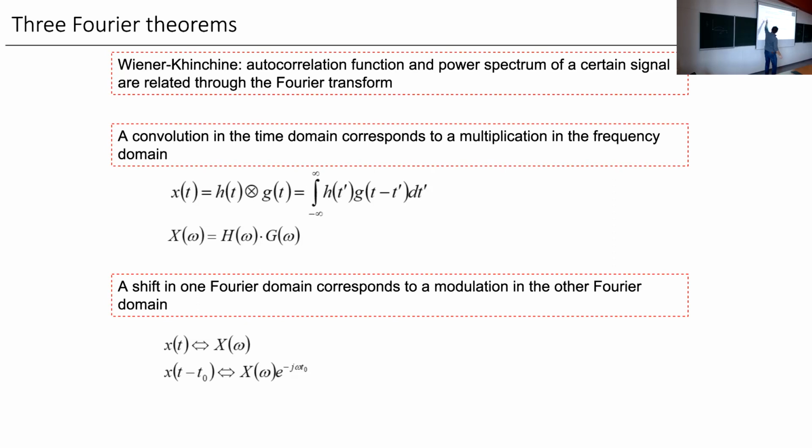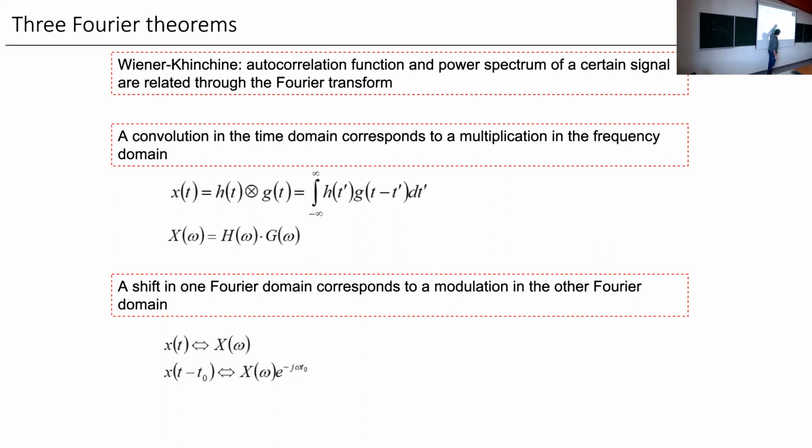So that's one. The other property is that a convolution or a correlation in one domain corresponds to a multiplication in the Fourier conjugate domain, time and frequency. Basically, if you have two functions h and g as a function of time, you calculate the convolution of these.